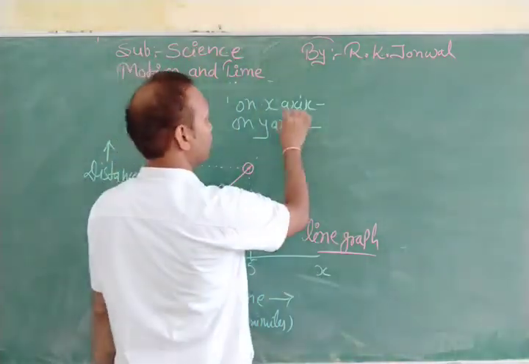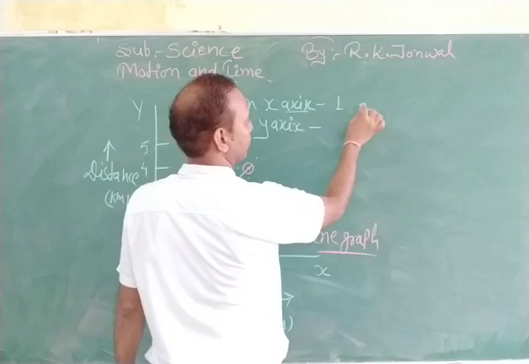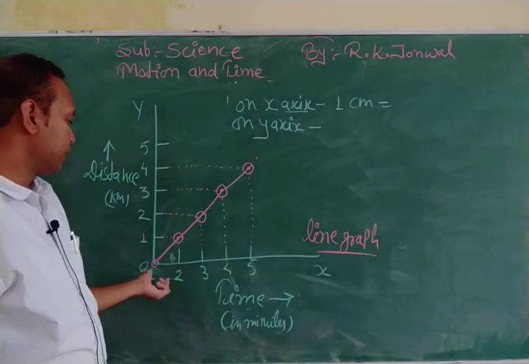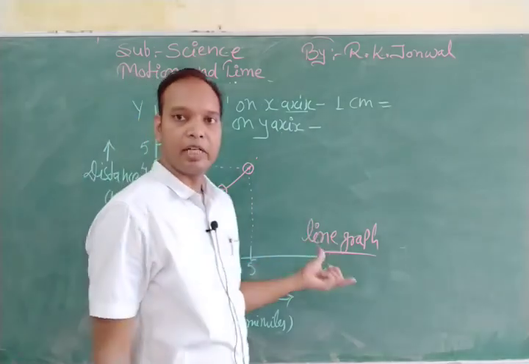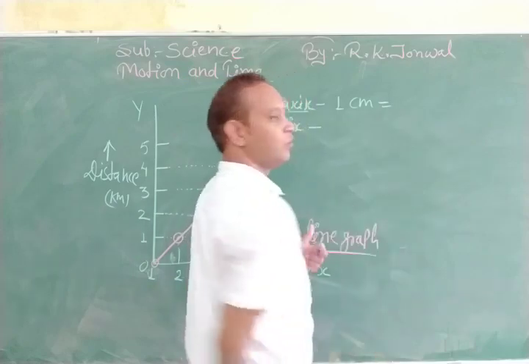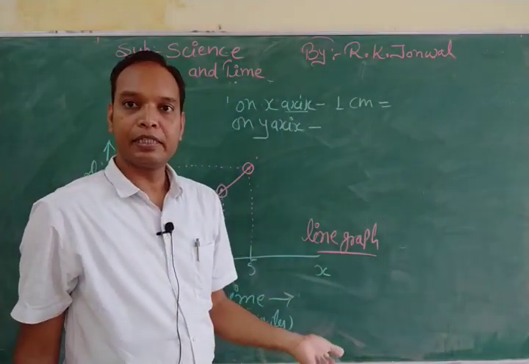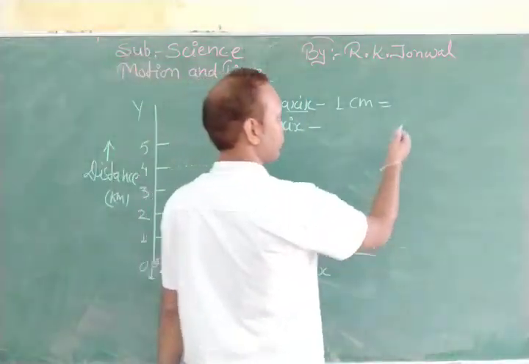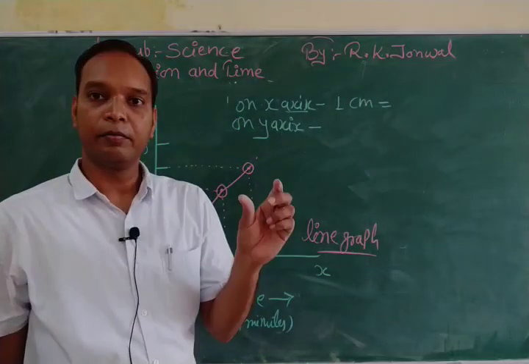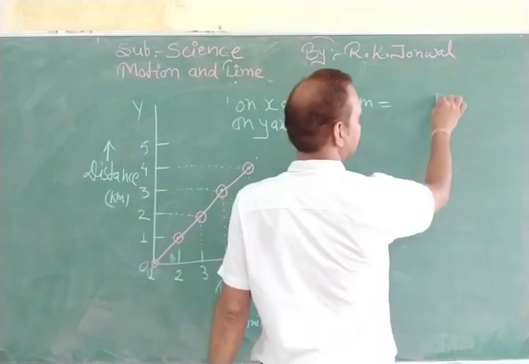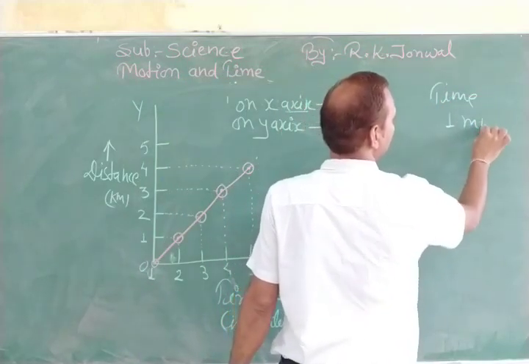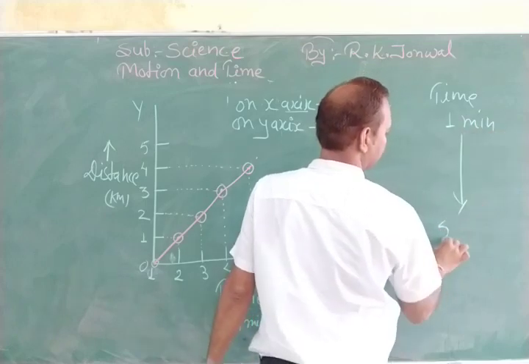You can say on the x-axis 1 centimeter is equal to time. If you took 1 hour, then 1 hour. If you took 30 minutes, then we can say 30 minutes. If you took 5 minutes, then you can write here 5 minutes. It will always be according to your values. Then here we can say the time variation is 1 minute to 5 minutes.